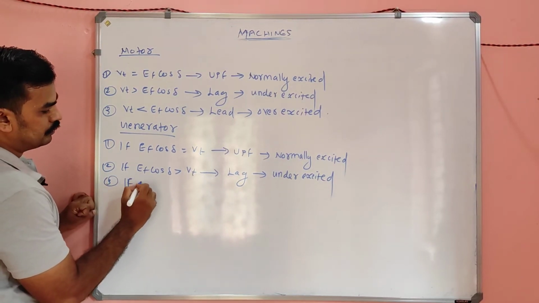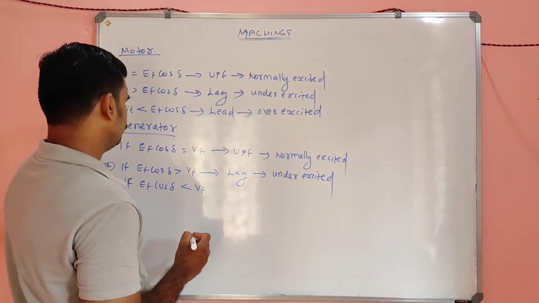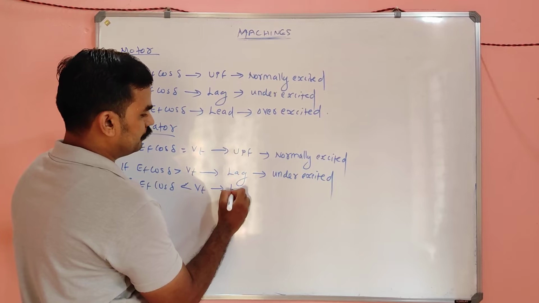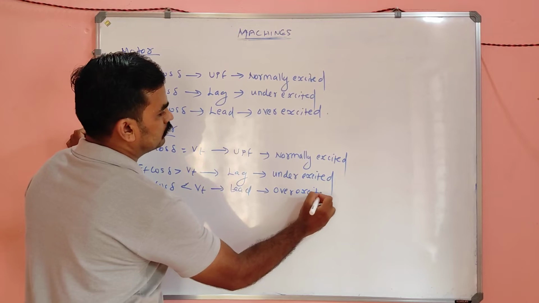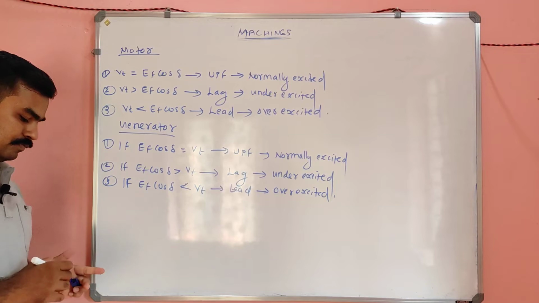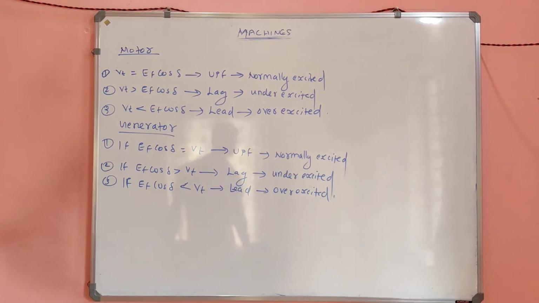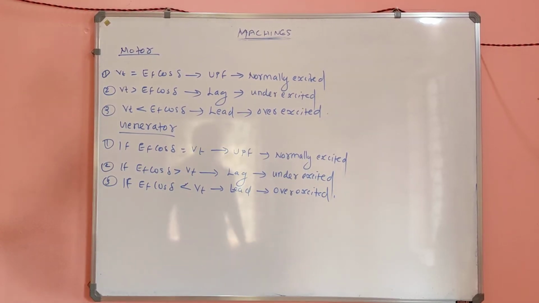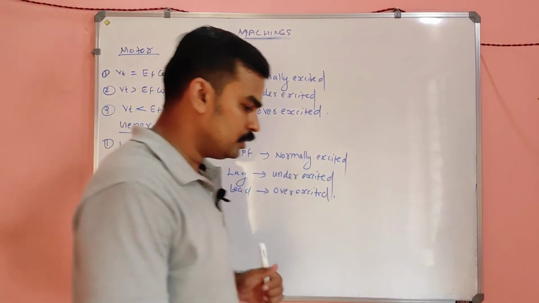If Ef cos delta less than Vt means lead, over excited. You have to conclude this for easy reference. Is everything clear to you, my dears?